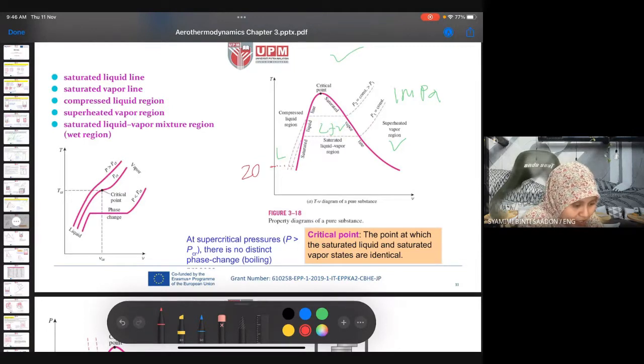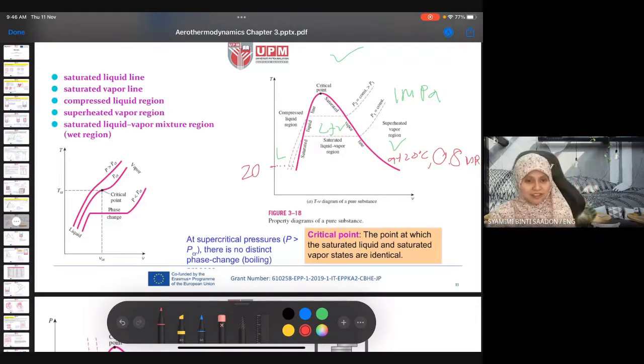So at 20 degrees Celsius, the pressure for saturated liquid is 0.8 megapascal. For example, here it doesn't indicate the value of the pressure, so I just put whatever value. So at 20 degrees Celsius, the saturated liquid means the liquid will start to vaporize at 0.8 megapascal.